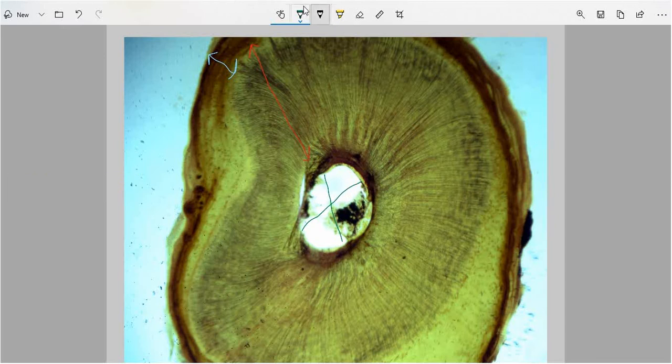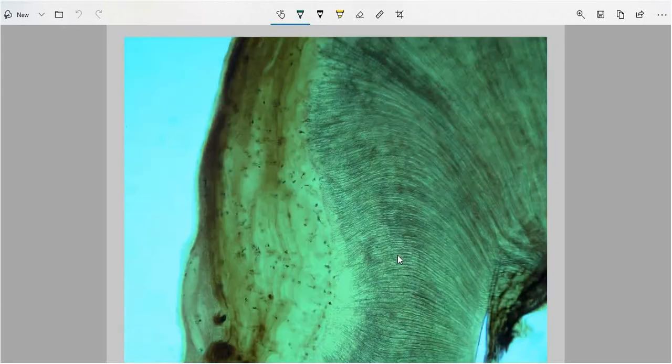Now let's see the same histological slide at a higher magnification. You can see there are some lines present within the cementum matrix, and these lines are known as the incremental lines.